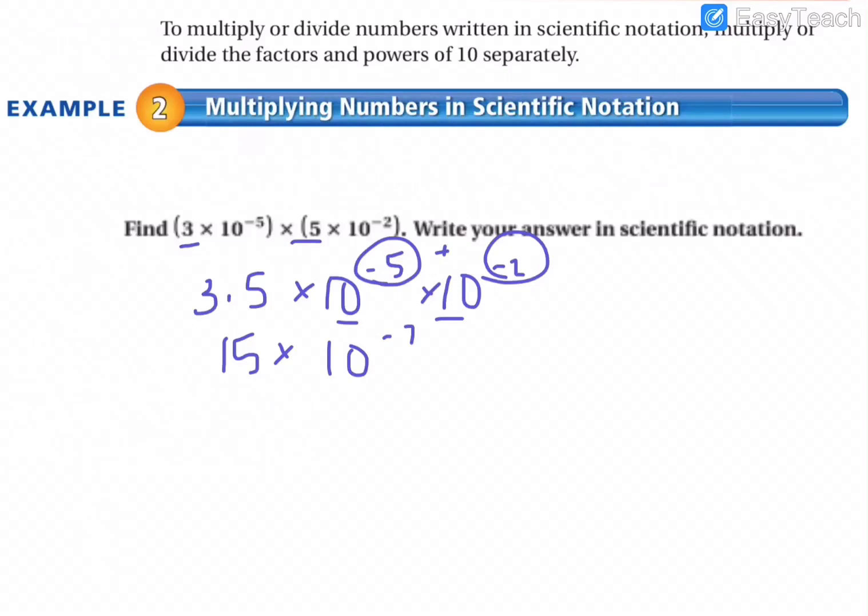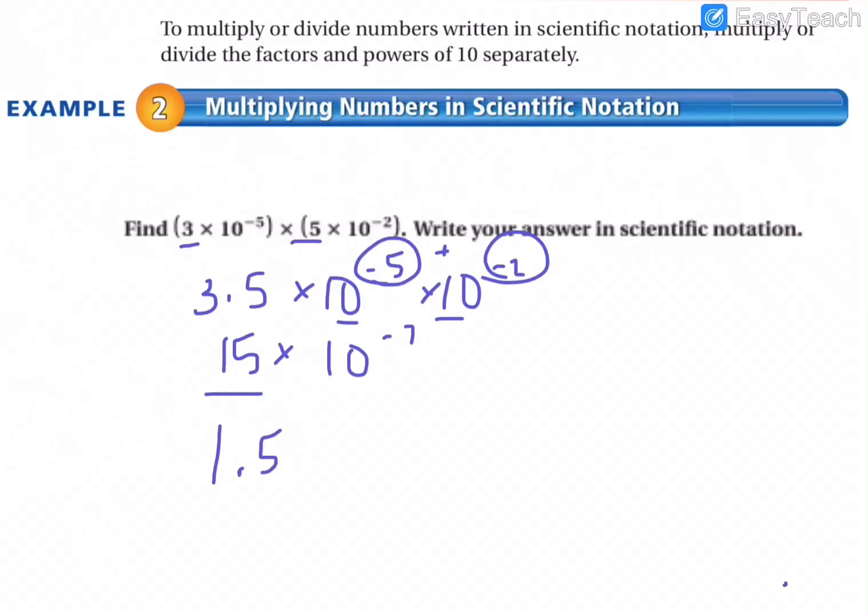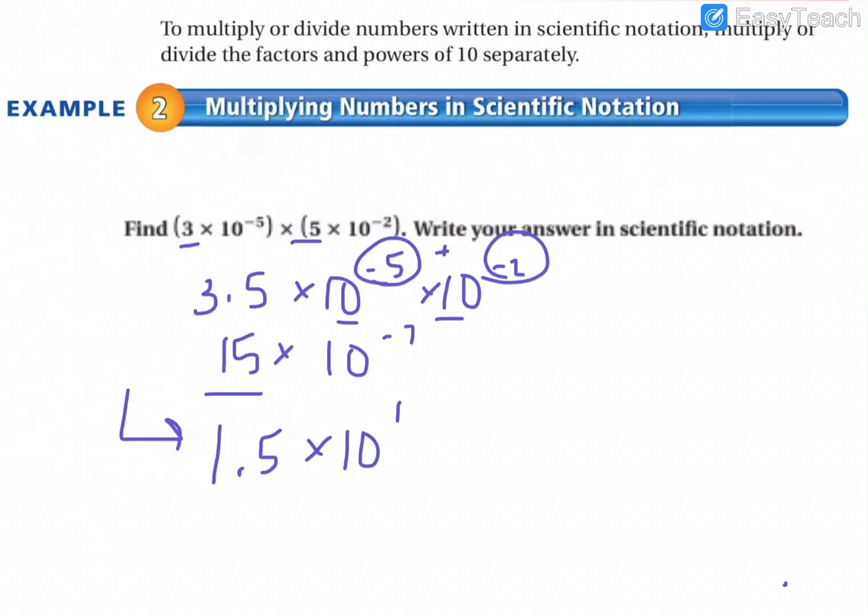Okay, and then this is not scientific notation. So once again, the strategy here is I want it to be 1 and 5/10 instead of 15, which means I need to move it one spot, one place value. So that's why this step right here, which is probably confusing some of you, I want to change the 15 to have one digit less than 10, then the decimal point. That's what makes it scientific.